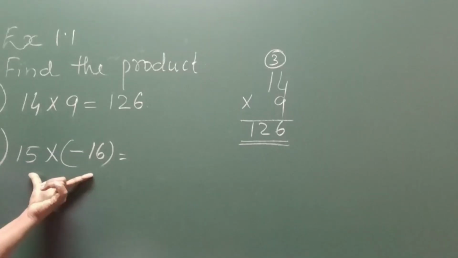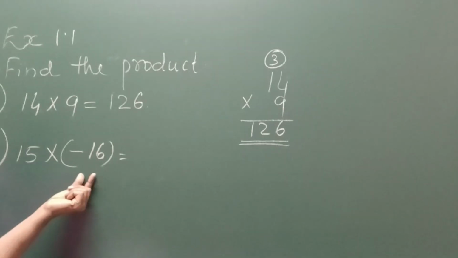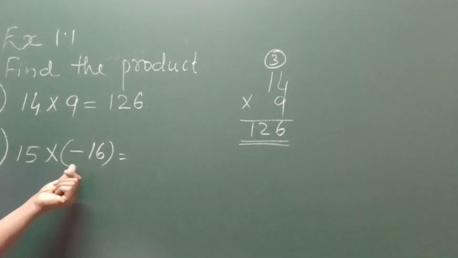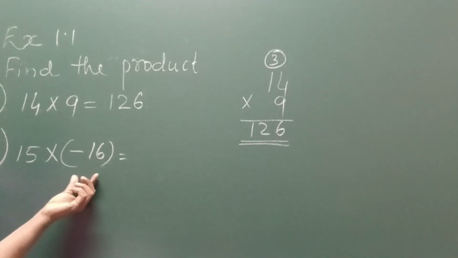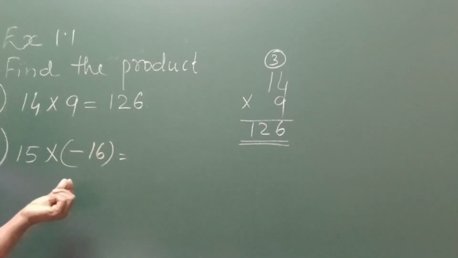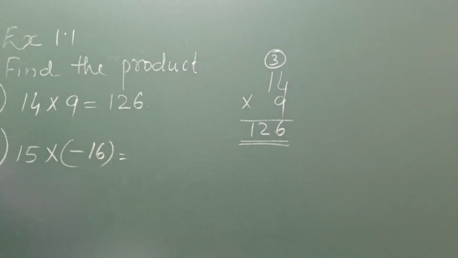When this kind of question comes with unlike signs, what we have to do is remove the sign. Otherwise, we say find the absolute value of the negative integer. Finding absolute value is nothing but without the sign.